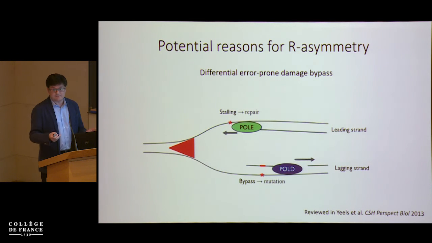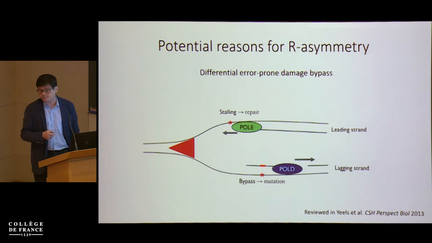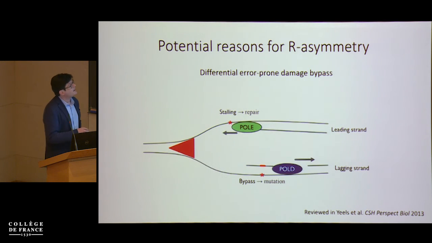So there is a fork collapse, and we don't think we see break-induced replication that was mentioned in the first talk of the meeting. But I think what we're seeing is that there are multiple pathways that are error-free, where you collapse the fork, call for repair, and this creates asymmetry with respect to replication.